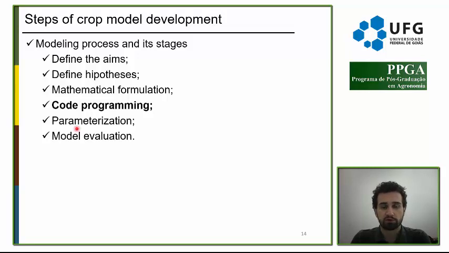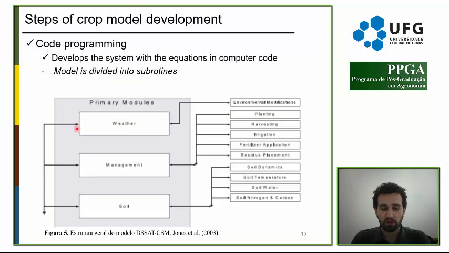So the crop models advanced a lot after we had computers to make these calculations, where I can use this mathematical formulation using the code program to make all the calculations for us, and I get the result. For this, a basic principle used by modelers is to divide the model into subroutines.